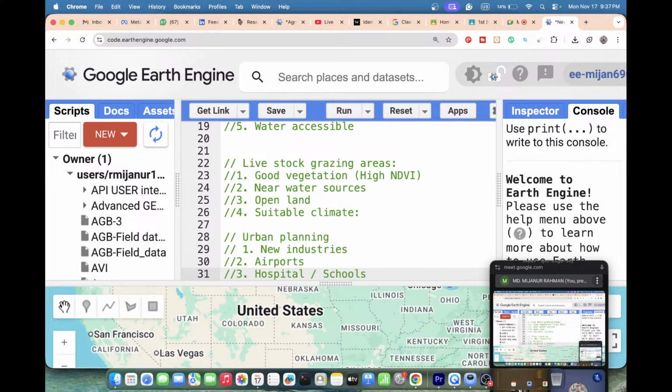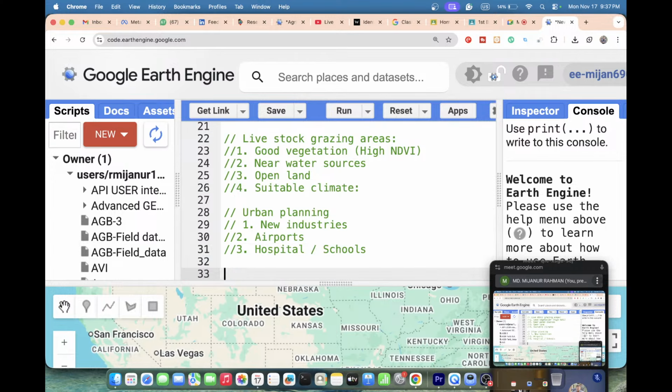This type of thing we can easily identify using suitability analysis. So there are a lot of uses: agricultural land area, livestock grazing area, urban planning, then mining. We can use the same process, but the factors will be different. We need to use different factors for different suitability analyses.